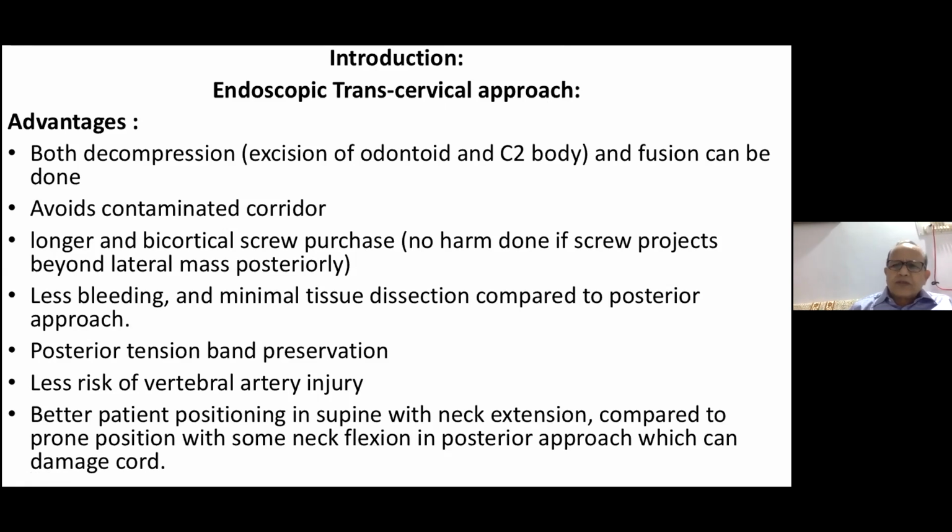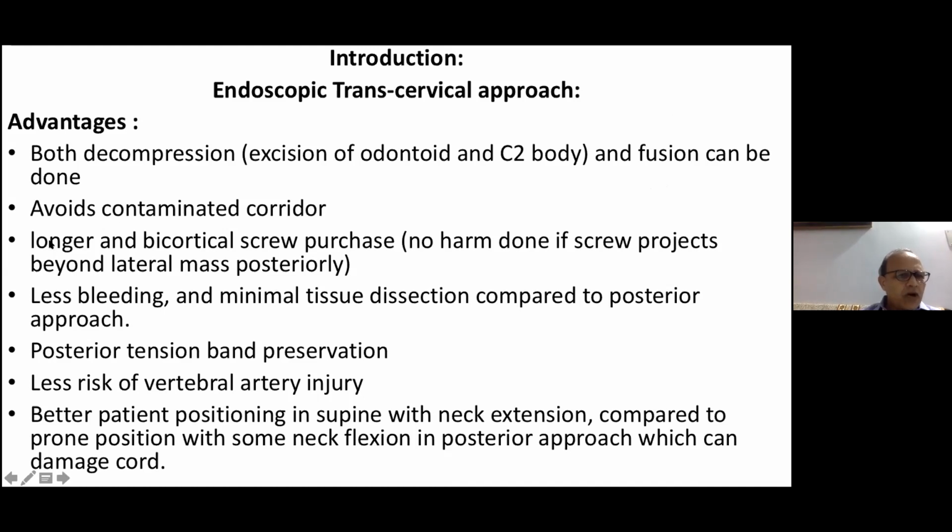It is almost in an avascular plane, and the other advantage is both decompression and fusion can be done. So if you are not able to reduce, then you can decompress also and do the fusion C1, C2 from anterior side. It avoids contaminated corridor.